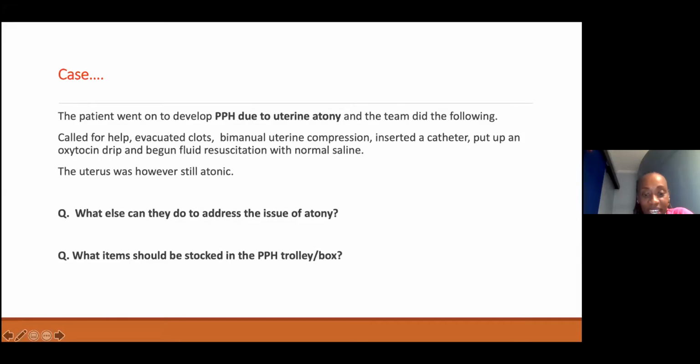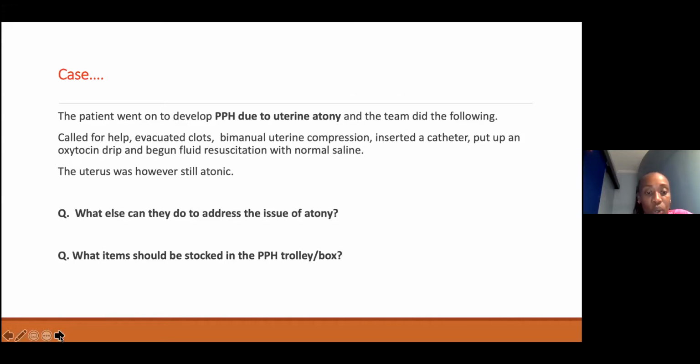Empty bladder, okay, has been said. UBT, okay. Ergometrine, yes, I'll take that, good. All right, tranexamic, yes. Okay, and yes, condom, okay, good, excellent. Fine, and carboprost, don't forget, eh?